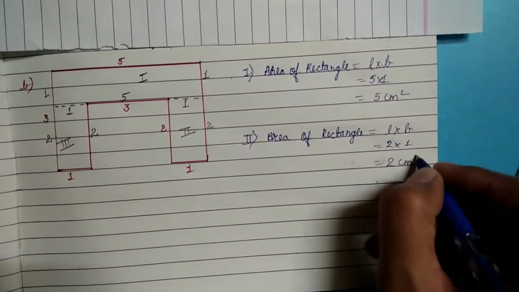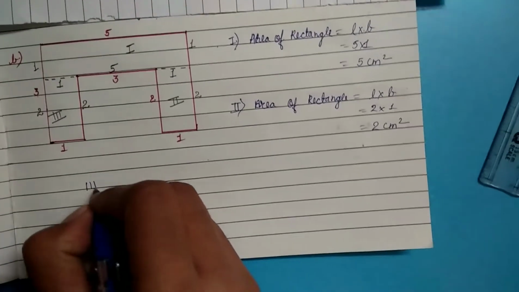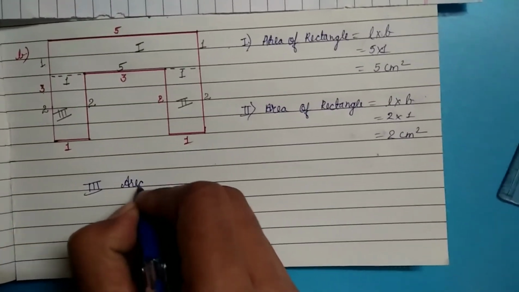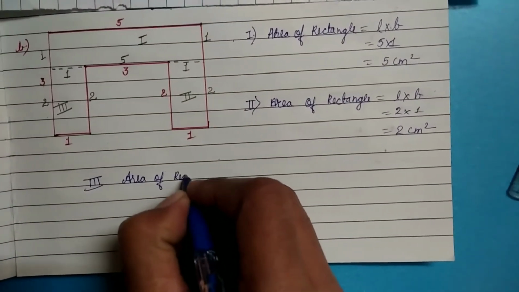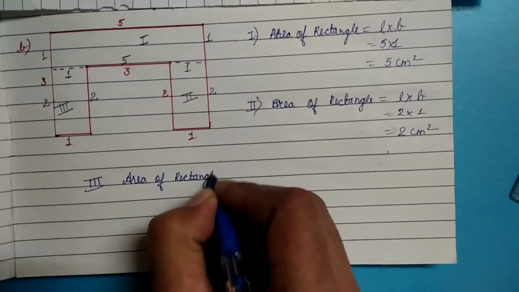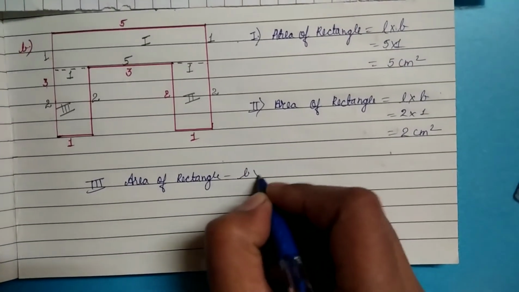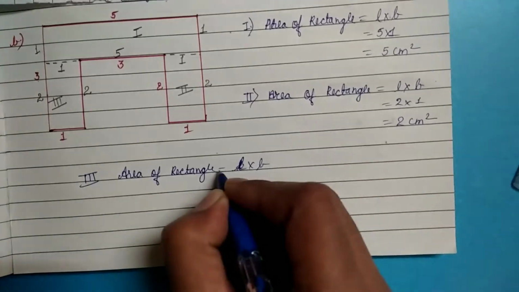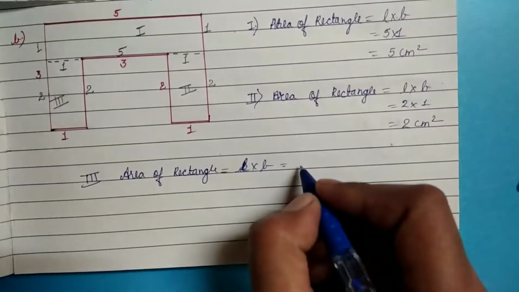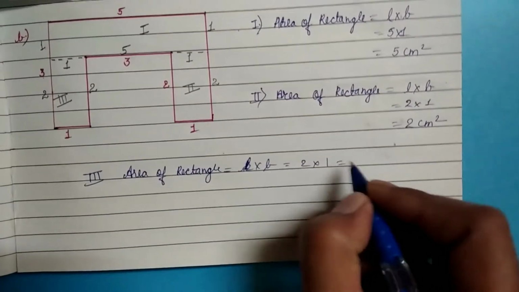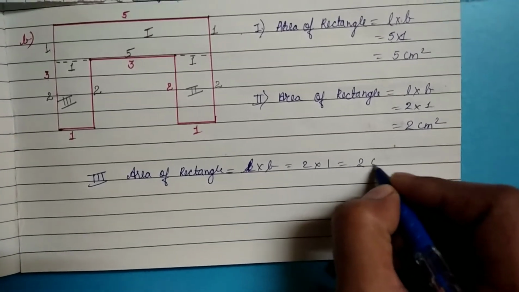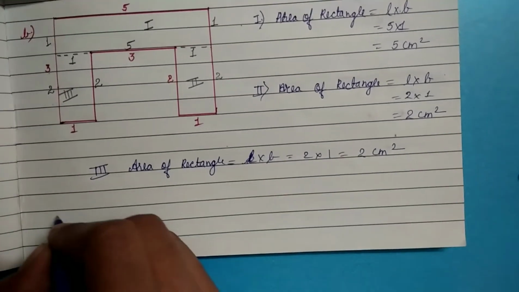So 2 ones are 2 centimeter square. Now the third one, area of rectangle: same, length into breadth. Here the length is 2 and the breadth is 1. So 2 ones are 2 centimeter square.